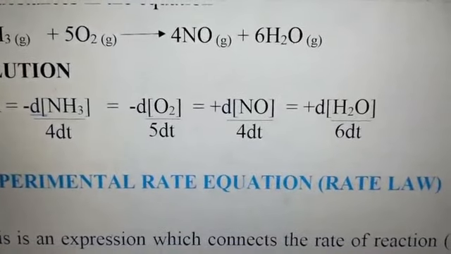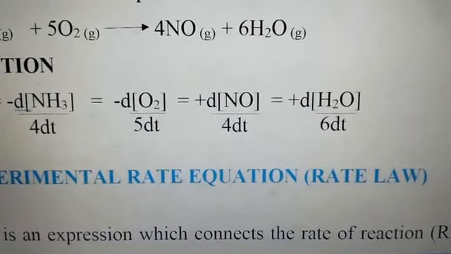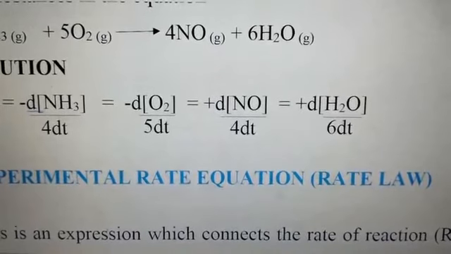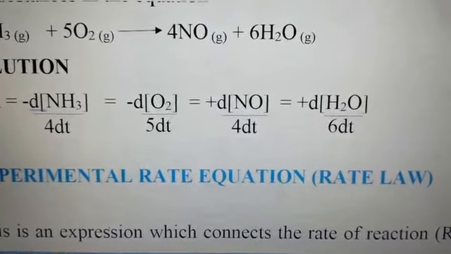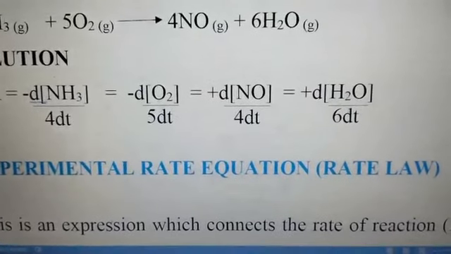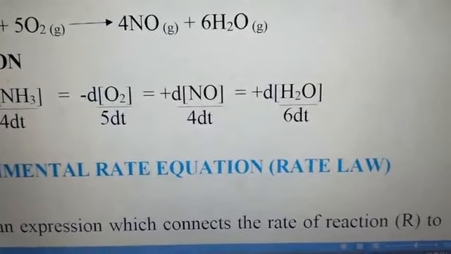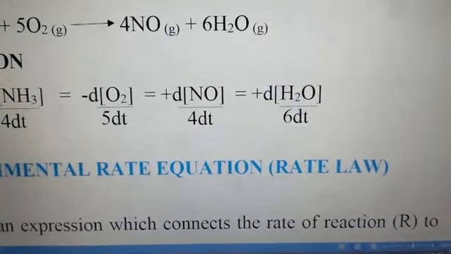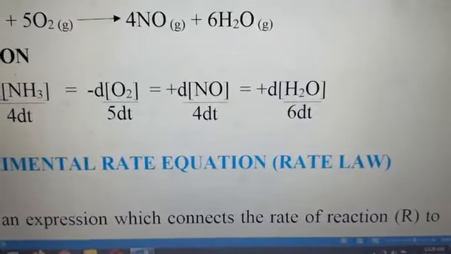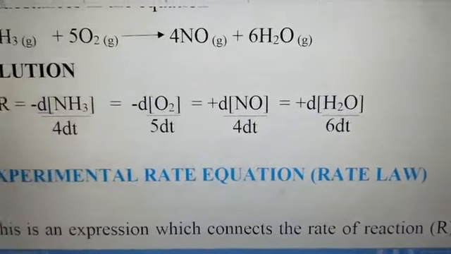Equal to, going to the product, plus, because it's a product we're trying to express, d, that is change in concentration of NO in bracket, [NO], bracket closes, all over dt divided by 4. I have 4 moles of NO there. Then equal to d, that is change in concentration of steam, that's [H2O] in bracket, all over dt, that is change in time, divided by 6, since there are 6 moles in the balanced equation.